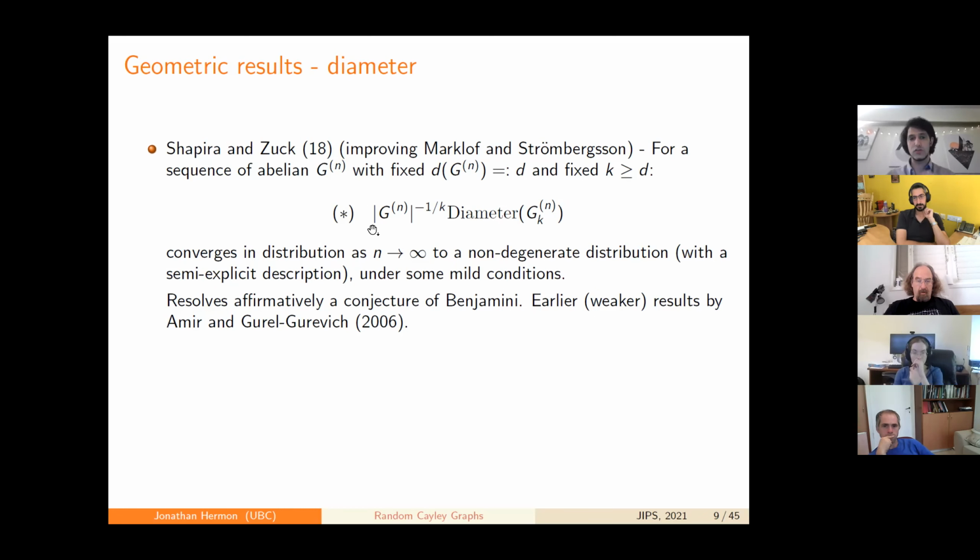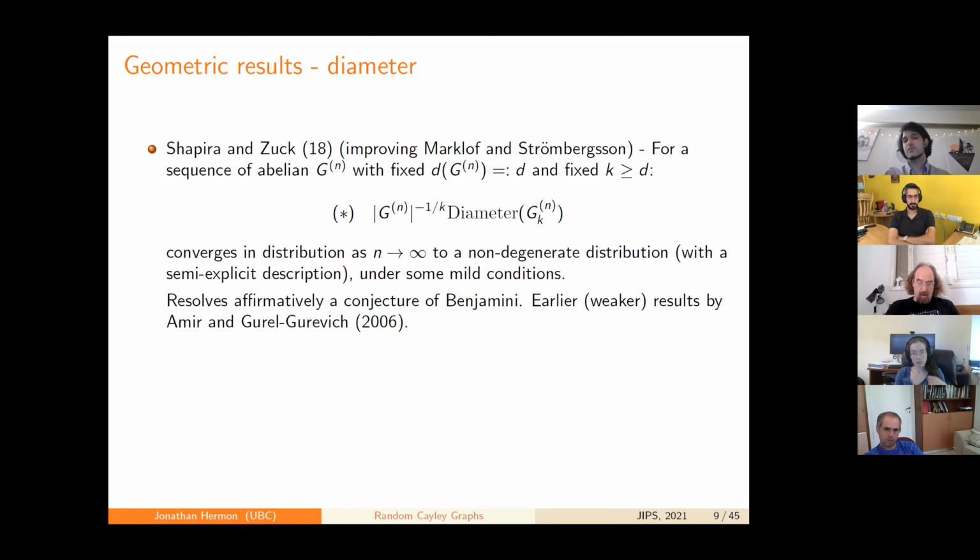That's the way to interpret the scaling we see here. Moreover, there's a distributional limit, and they give a semi-explicit description of it. This resolves affirmatively a conjecture of Benjamini.